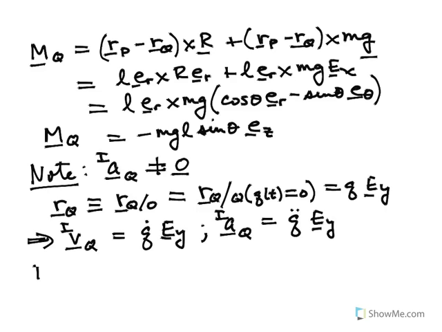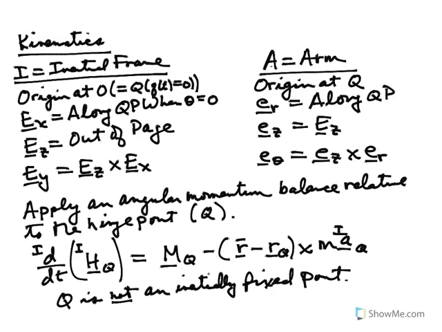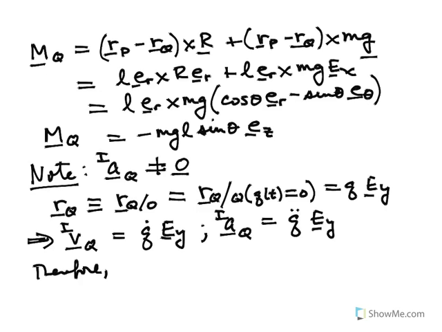So therefore, we need this last term: the position of the center of mass minus the position of Q crossed with the mass times the acceleration of Q in the inertial frame.